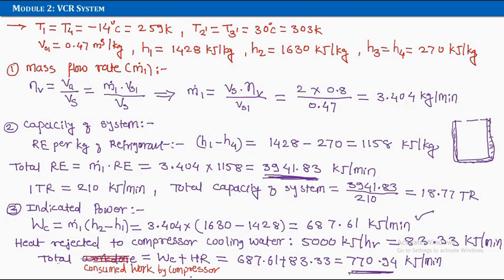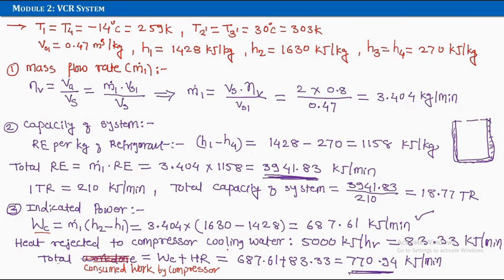So the total work consumed by the compressor is utilized for two reasons. One is for compressing the refrigerant, so WC is the work required to compress the refrigerant. Another part of the consumed compressor work is utilized to reject heat to the cooling water, just to cool the compressor.